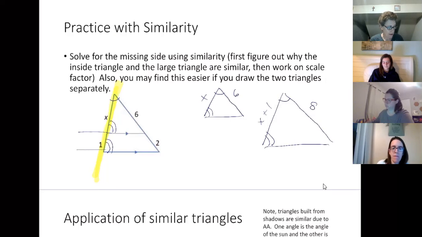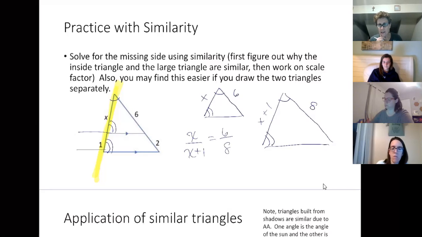So with angle similarity, what we're going to do is figure out how we're going to find the missing side. Because now I know my orientations are good, so I can say X is to X plus 1, just like 6 is to 8, not 2.